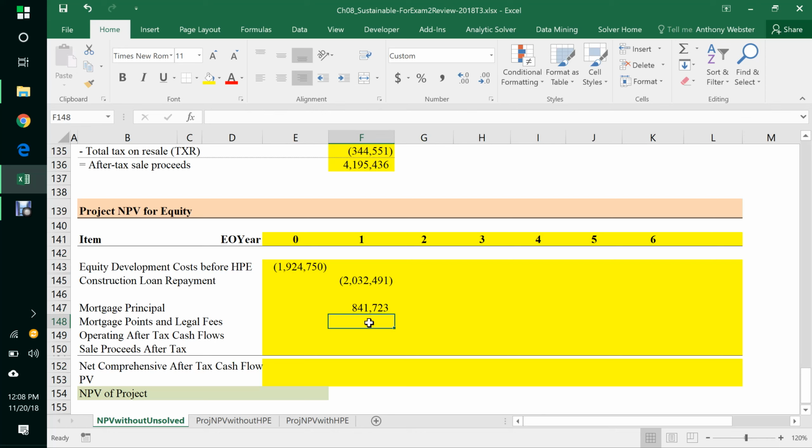Just a quick note on this. You can turn off your "I need to know this for exam 2" hat for a second and tune out if you don't want to get confused. We're always pretending that the mortgage principal is going to come into the sponsor, and then the sponsor is immediately going to use those funds to pay the construction lender.